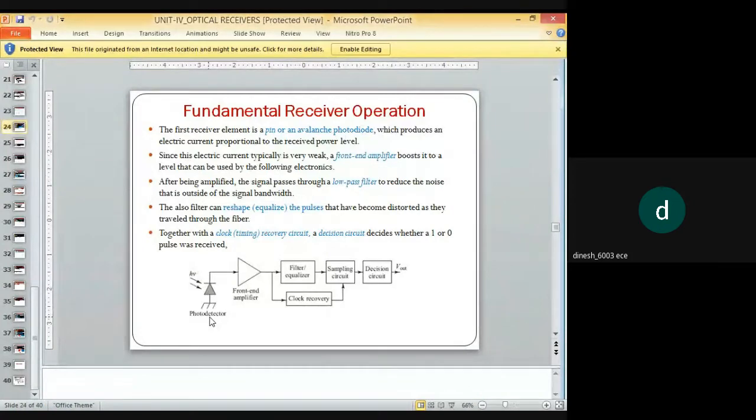The filter also reshapes or equalizes the pulses that have been distorted as they travel through the fiber. Together, a clock recovery circuit will take a decision whether 0 or 1 is received at V out.